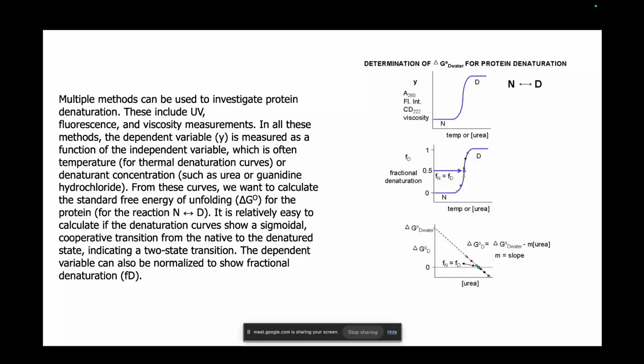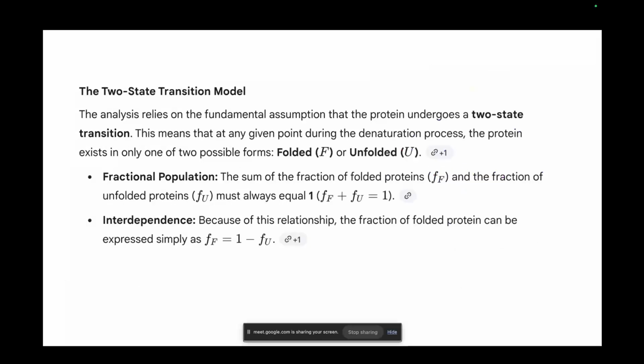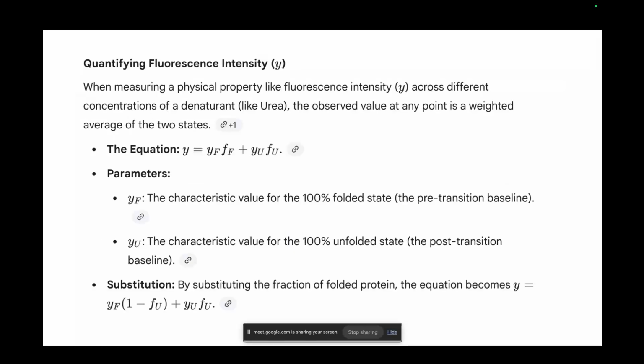So the protein is more stable in a more folded state, right? A protein can only be present in a folded or an unfolded state, and if you add the fractions up, it is always going to be one. Then you can put weights on these fractions.